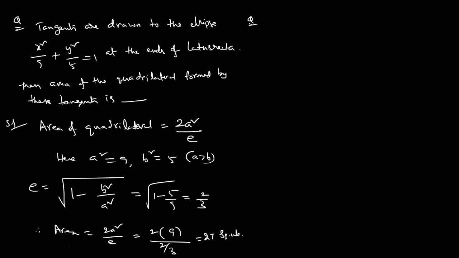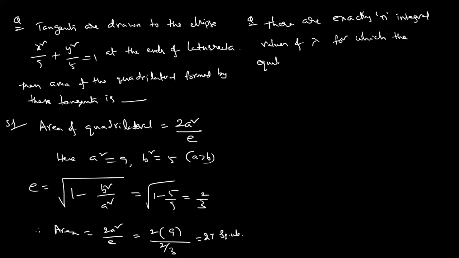Question. There are exactly n integral values of lambda for which the equation x² + λxy + y² = 1 represents an ellipse.